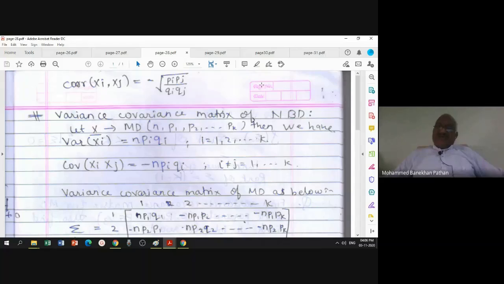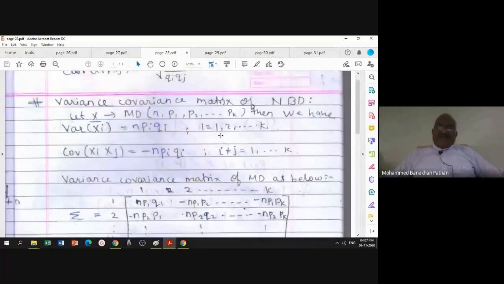So from the denominator, root n and root n will be taken out. That becomes n, cancels with the numerator n, and the remaining term is simplified like this. So this is the correlation formula derived by using the covariance and variance formulae. So this again says that correlation is negative, and therefore the variables under study for the multinomial distribution are negatively correlated.